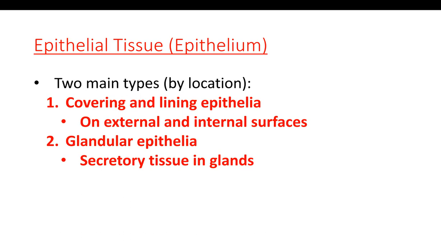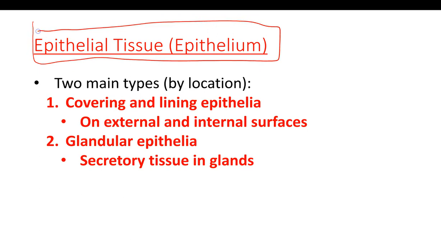We're going to now look at the first of these 4 types of tissue, epithelial tissue. There are 2 types of epithelial tissue. We find epithelial tissue lining the surface of organs, both external and internal surfaces. So one word that you often find describing epithelial tissue is the word lining. So epithelial tissue lines or covers surfaces.